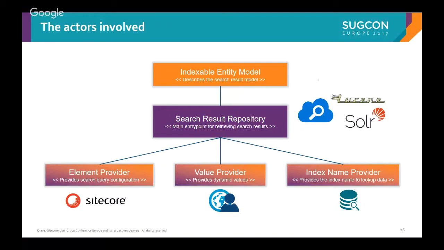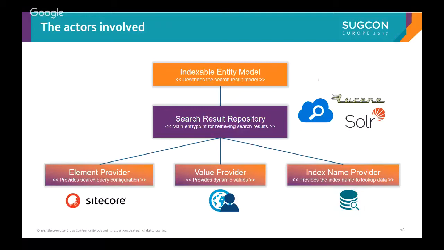So summing up, these three are being used inside the search result repository. And this is the main entry point for receiving the search results. As I said a few slides back, this sits right on top of the Content Search API as it is today. So you can actually go in and say, okay, everything you can do with that today, you can actually do with Conjunction as well. So let's say you wanted to use Solr, you can do that.